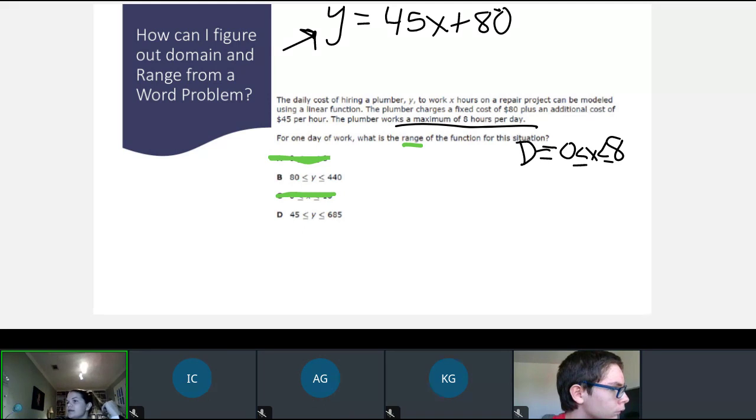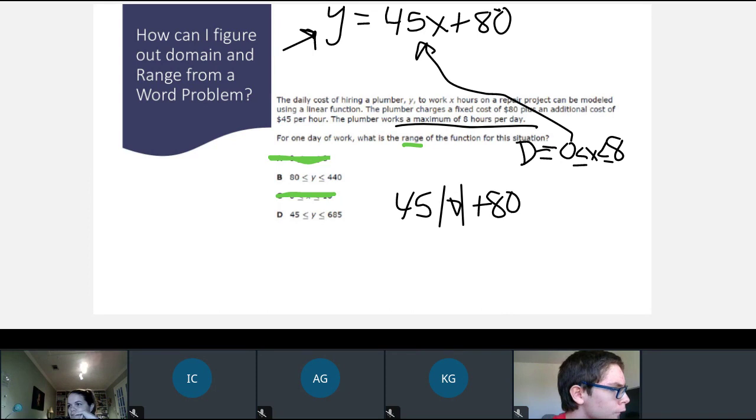So I'm going to plug in 0 for X, 45 times 0 plus 80 is going to be 80. So I know for my range, the minimum value then is 80.